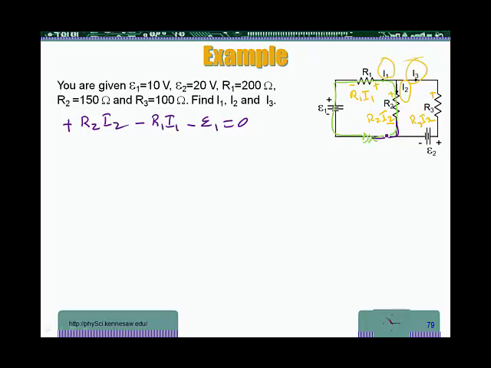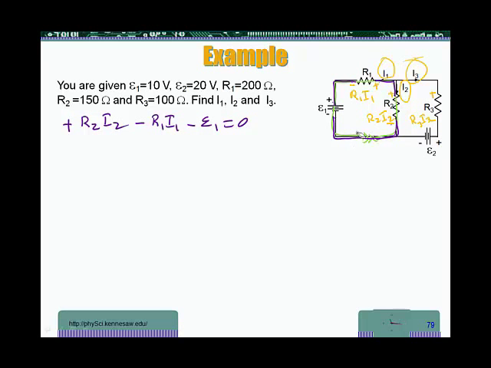Okay, so again, met R2I2, met the minus, went to the plus, so it's plus R2I2. Then here I met the plus, so it's a voltage drop, minus R1I1. And then I met the plus, so it's a voltage drop, minus E1. And we are back where we started.